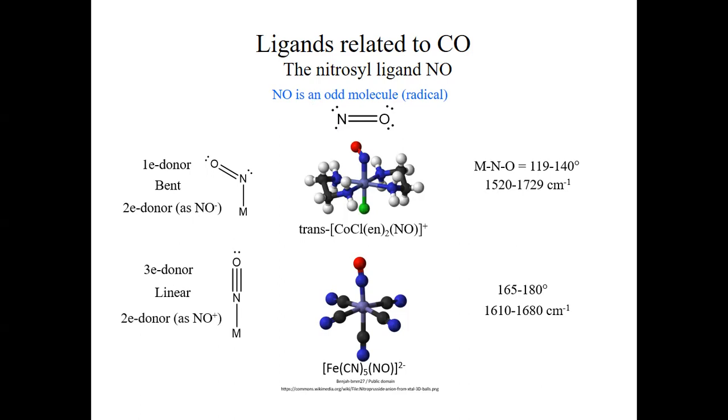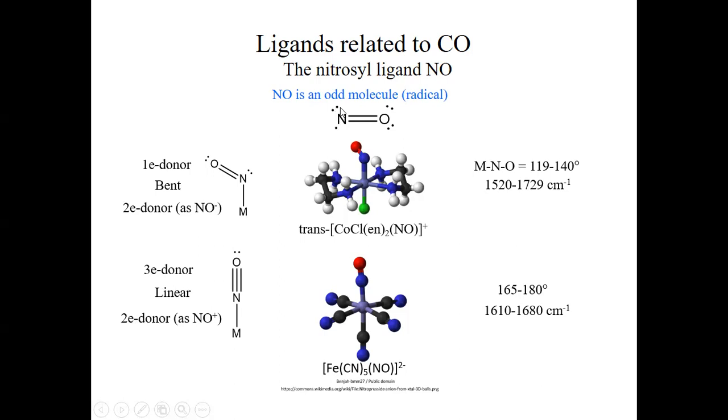There's also a different perspective to explain the linear complexes. So one could also formally argue that we have an NO plus ligand that acts as a 2 electron donor. If we have an NO plus, then this radical electron doesn't exist.